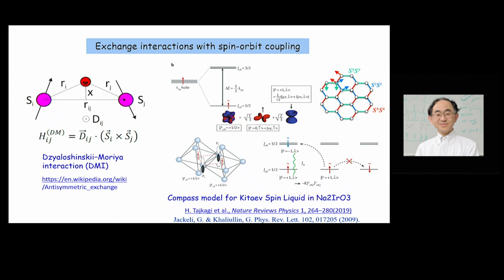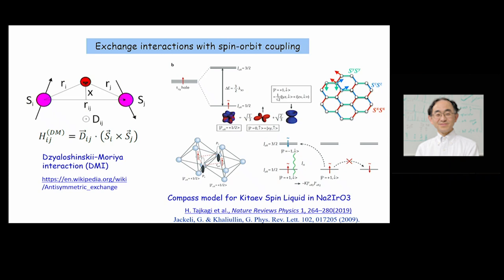This rotation of the spin is usually perpendicular to the d vector, which is defined for the bond of these two atomic orbitals, right? But this d_ij becomes 0 once you have an inversion symmetry at the center of the bond. So the symmetry of the bond is quite crucial to have a Dzyaloshinskii-Moriya interaction.